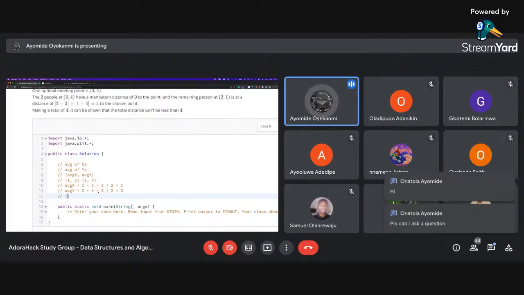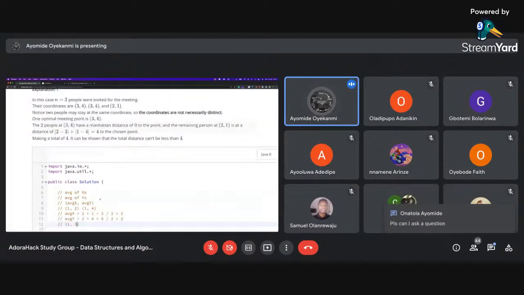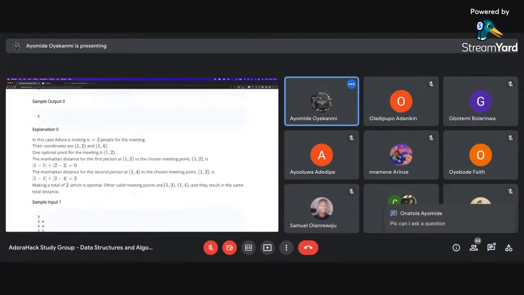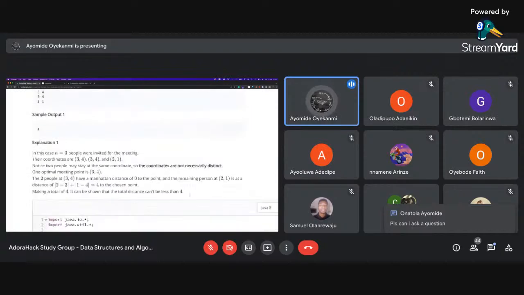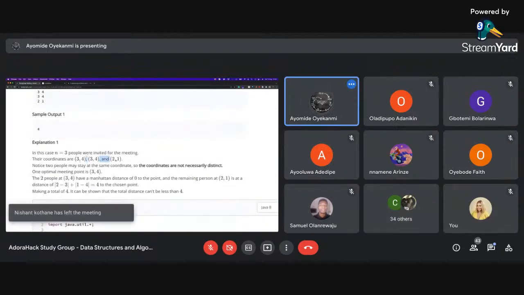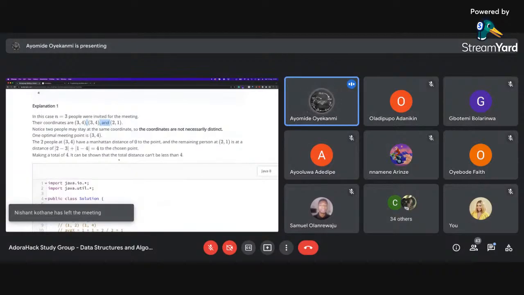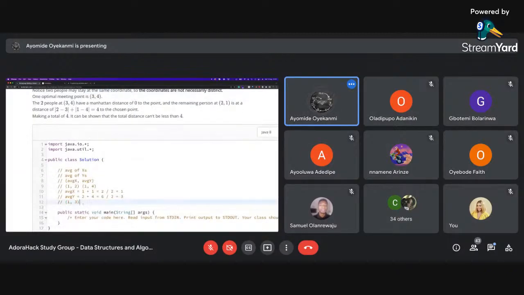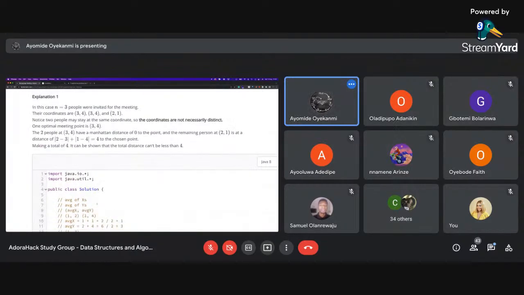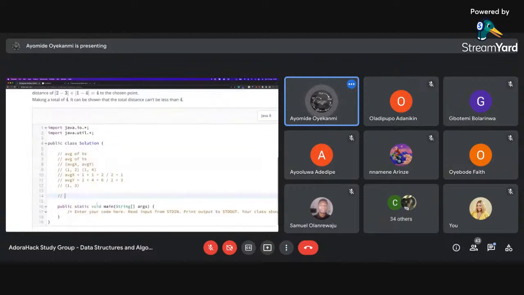Yeah, and 1, 3 is a valid location, I believe. Yep. So let's try with this one. 3, 3, 3, 3, 2. Let's go. So we have 3, 4, 3, 4, 2, 1.